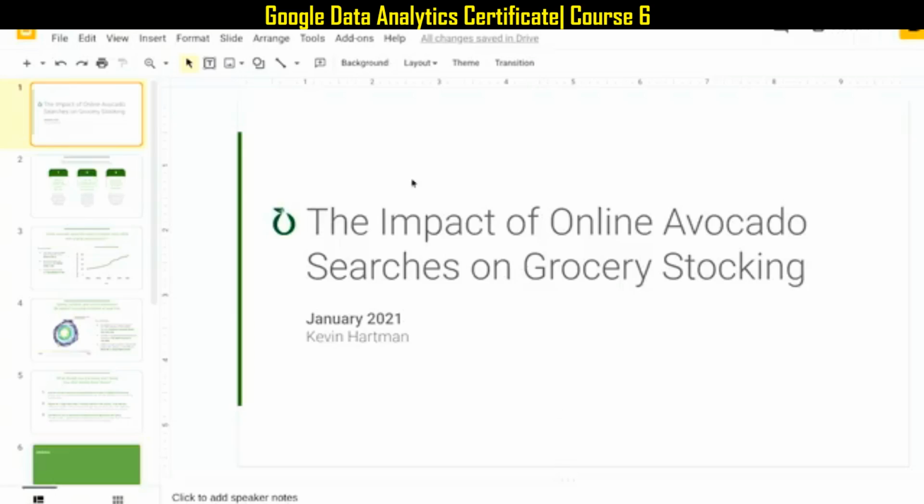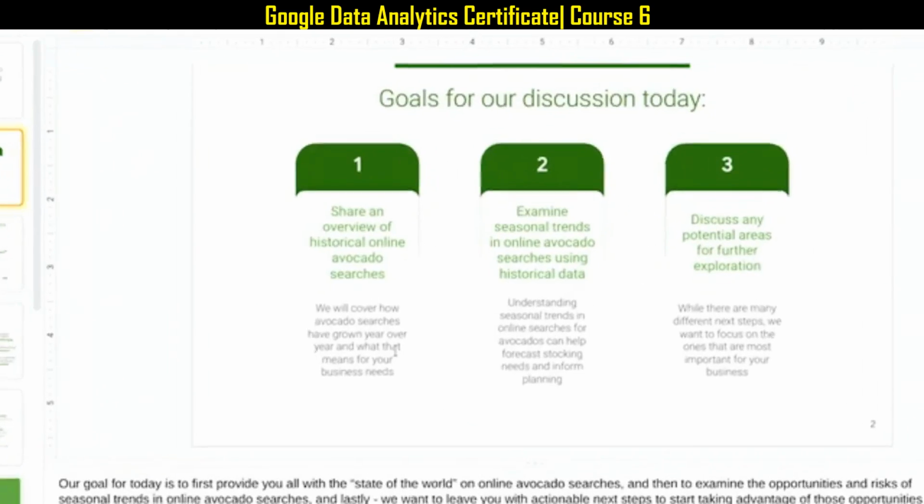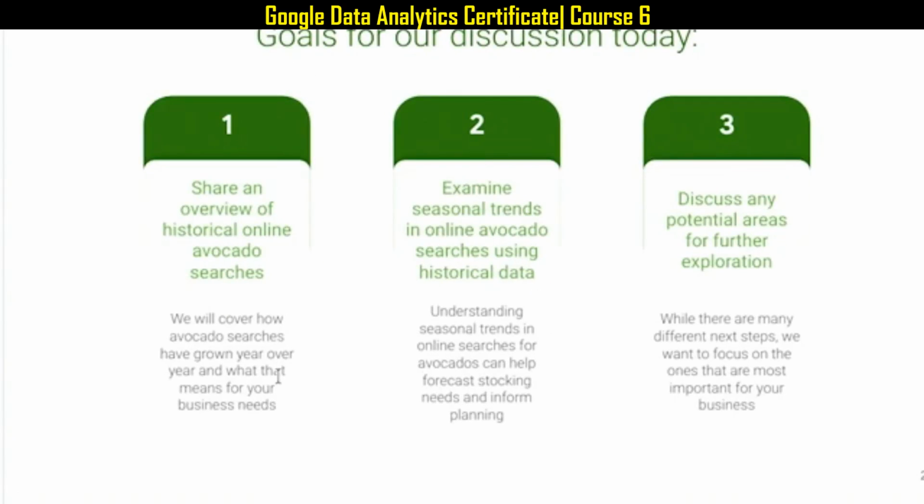Let's go back to our avocado example and imagine how we'd start that presentation. After we introduce ourselves and the title of our presentation, we have a slide with our goals for the discussion. We start with the most general goals and then get more specific. We might say, our goal for today is to first provide you all with the state of the world on online avocado searches.